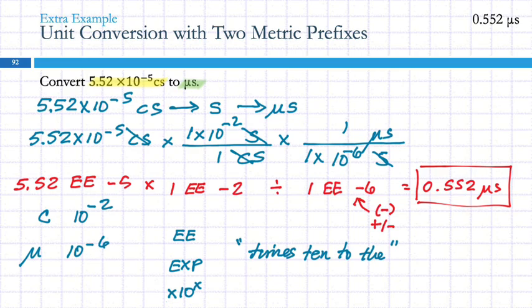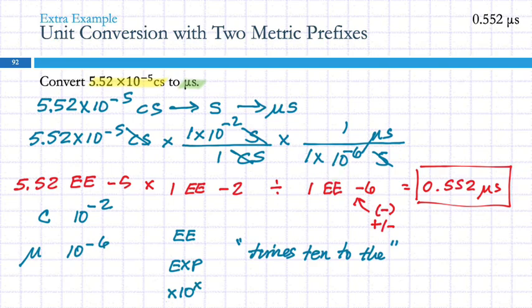How many sig figs did our starting number have? 3. And how many is our calculator showing us for our final answer? 3. Metric conversions are all exact, and all they're doing is moving the decimal point around. And some of you may say, well, can't I just do that in my head?